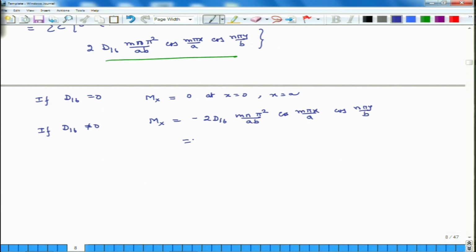At x is equal to 0, it will be minus 2 D16 m n pi square over ab, and if x is equal to 0, then its value is cosine n pi y over b.